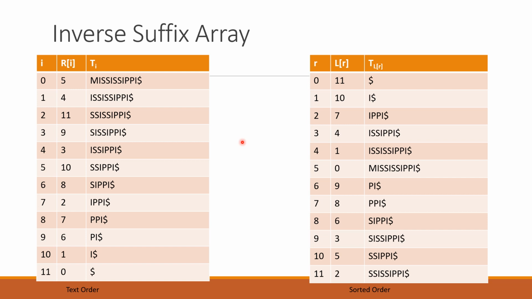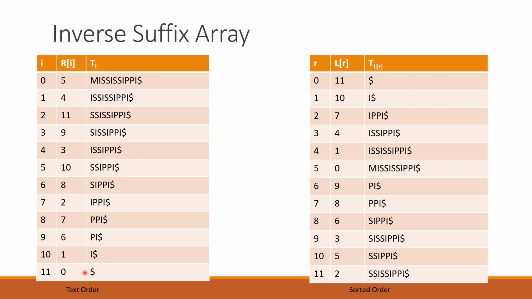We want to write down the text Mississippi in the text order. So we start with Mississippi, then we omit the first character, take the rest, omit the first character, take the rest, and so on and so forth. Here i represents the index starting with 0. Ri represents the lexicographical rank of this.